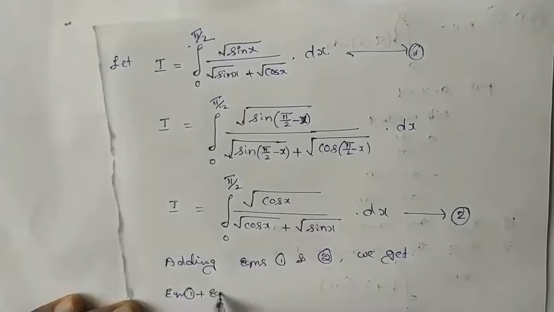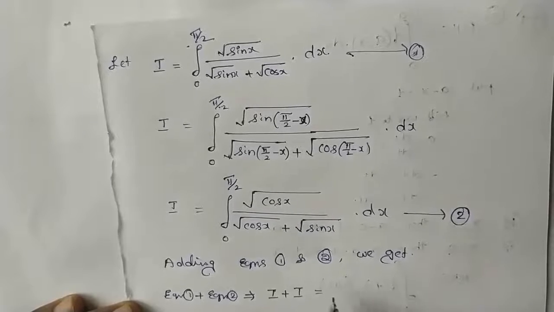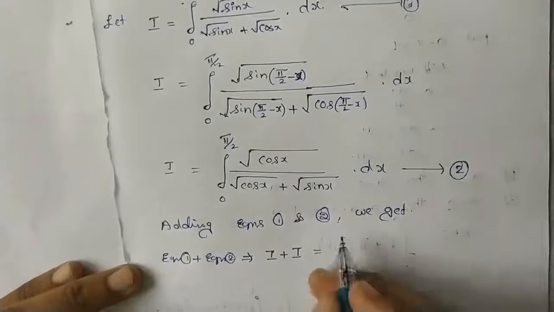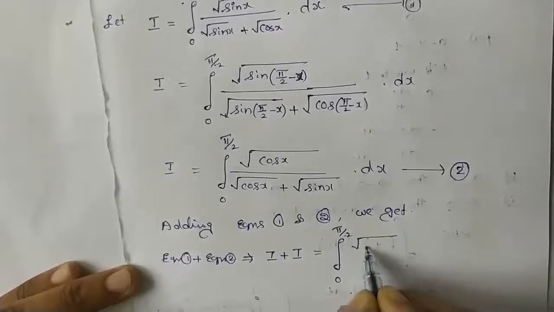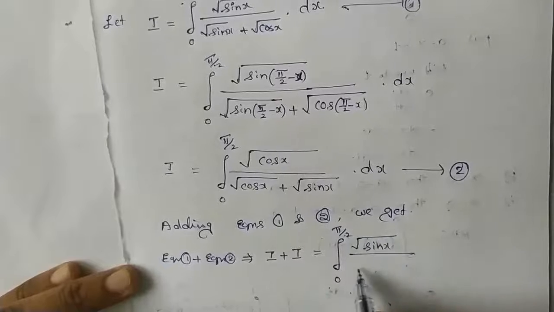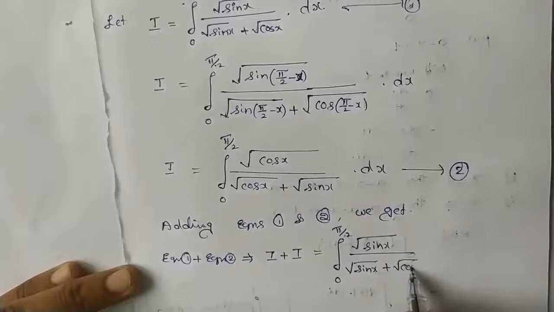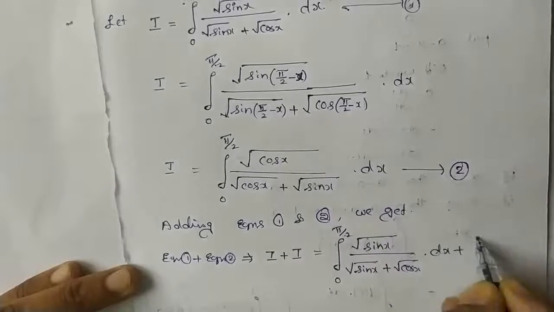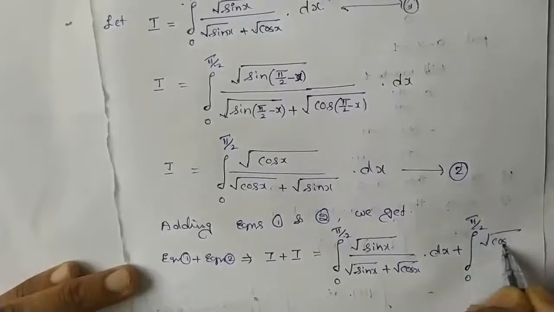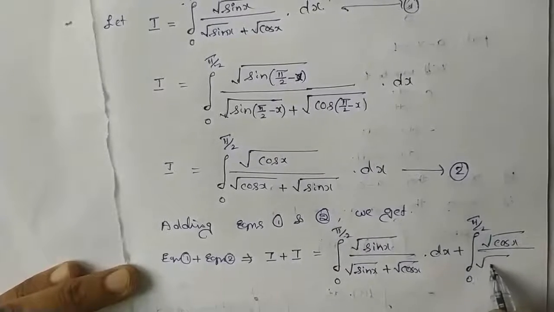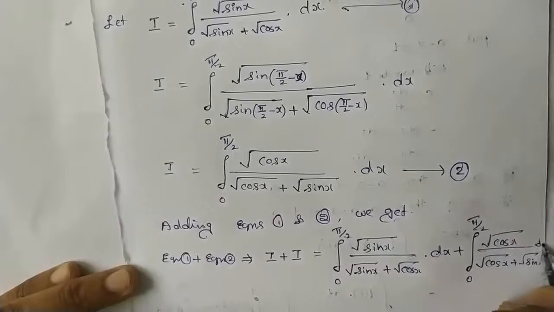Equation 1 plus equation 2, then I plus I. On the left hand side we will have I plus I, equals to integration of 0 to pi by 2 root sin x by root sin x plus root cos x into dx, plus integration of 0 to pi by 2 root cos x by root cos x plus root sin x into dx.